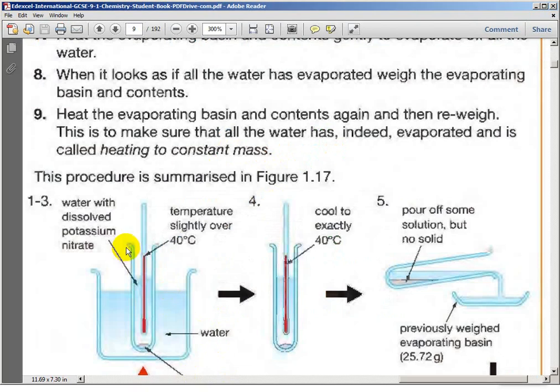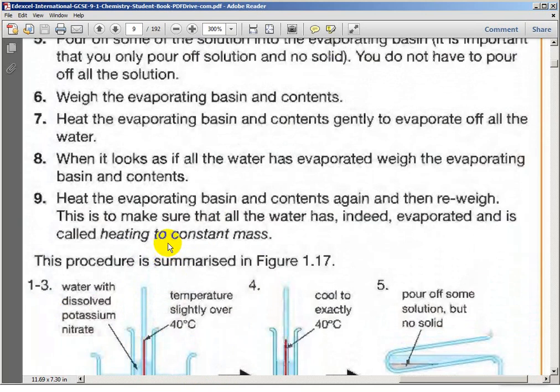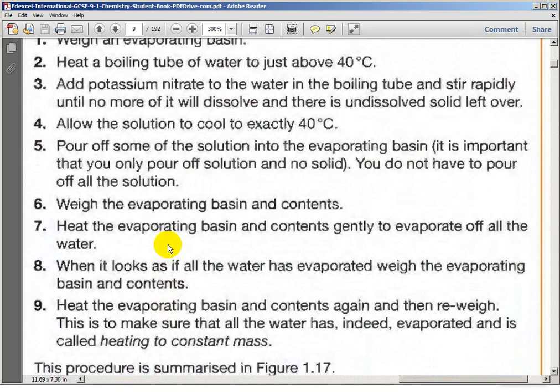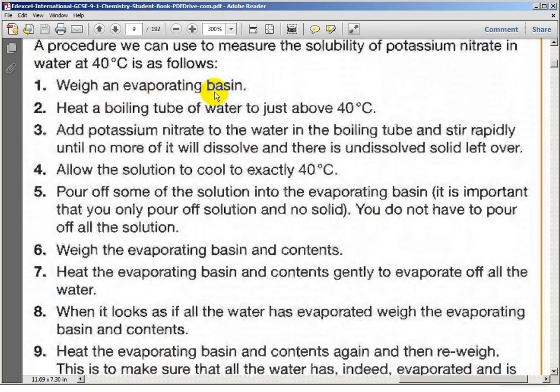Okay, this is the water. This is the boiling tube. This one is a beaker. Steps 1 to 3: at first you weigh an evaporating basin, and heat a boiling tube of water to just above 40 degrees.